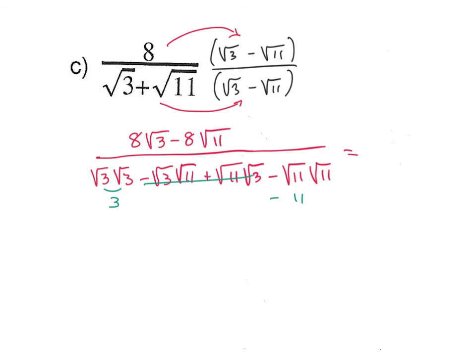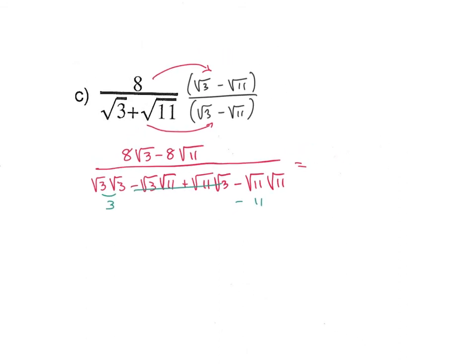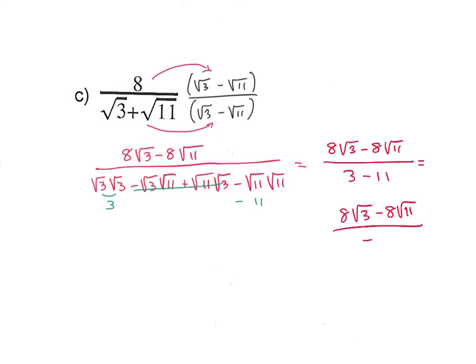So when I rewrite that, I end up with 8 square root of 3 minus 8 square root of 11 over 3 minus 11, which is 8 square root of 3 minus 8 square root of 11 over negative 8.